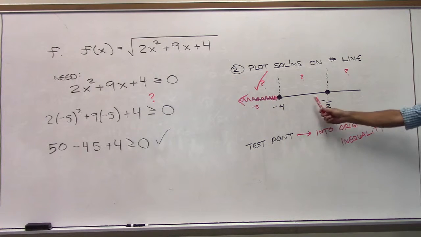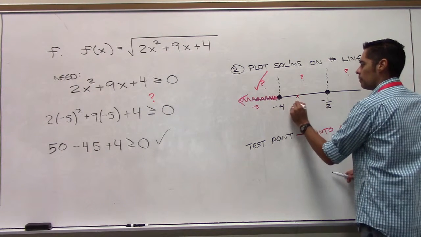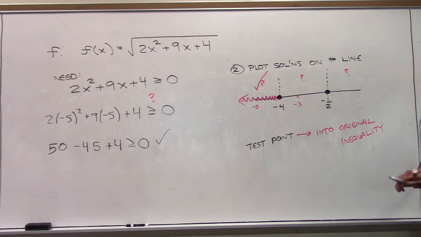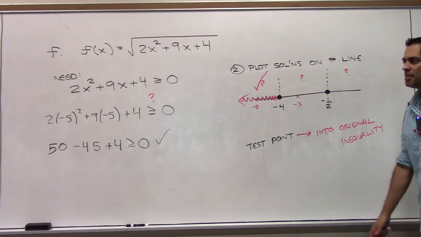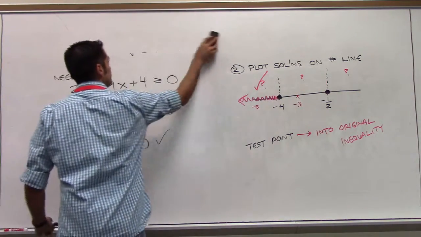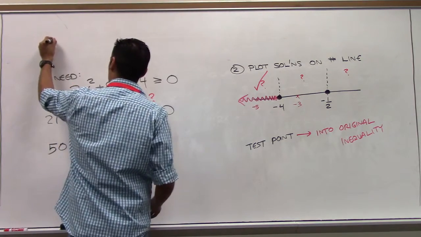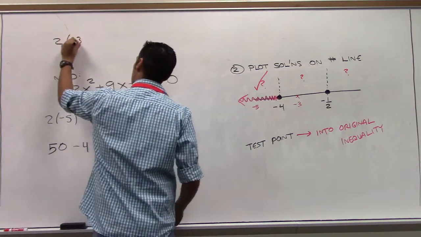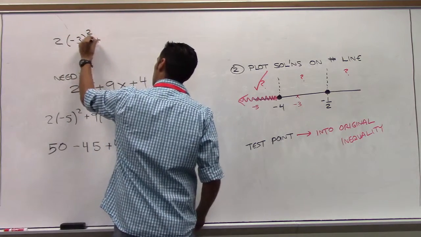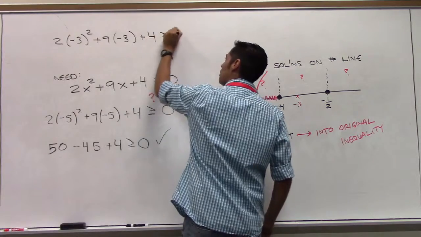So let's check something in here. What's a number in there? Negative 3. And go through the same process. This time, when I plug negative 3 in, I get 2 times negative 3 squared plus 9 times negative 3 plus 4 greater than or equal to 0.